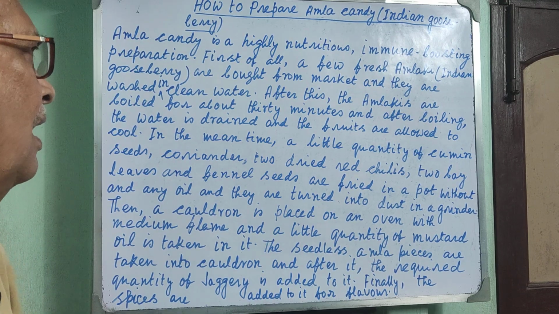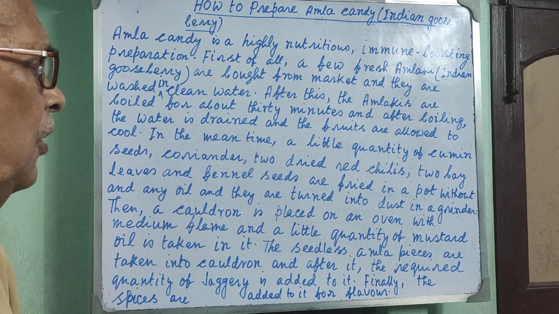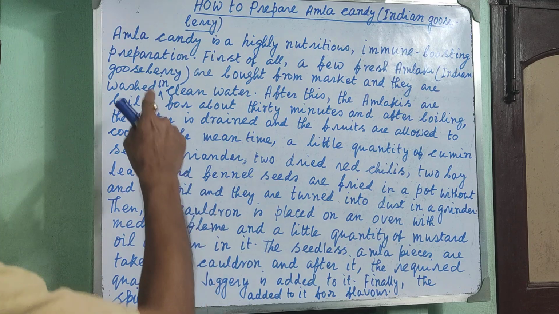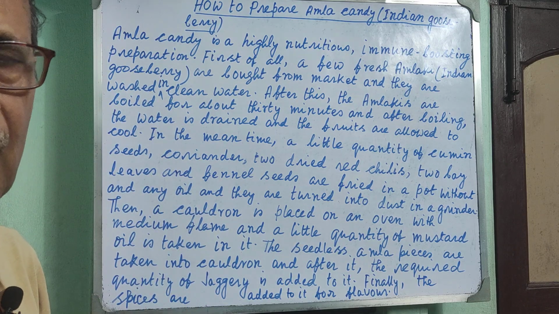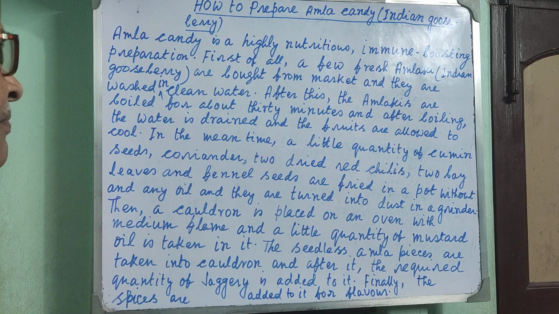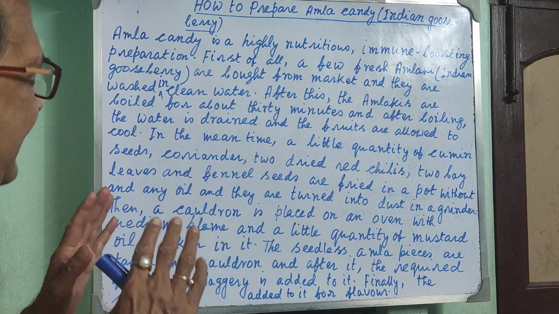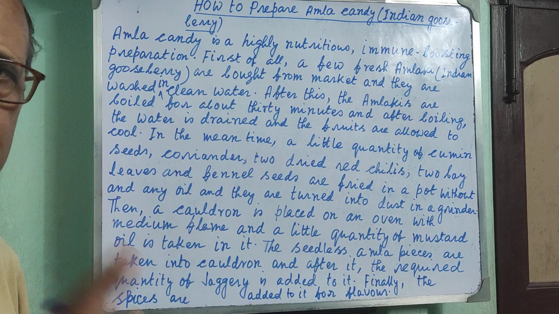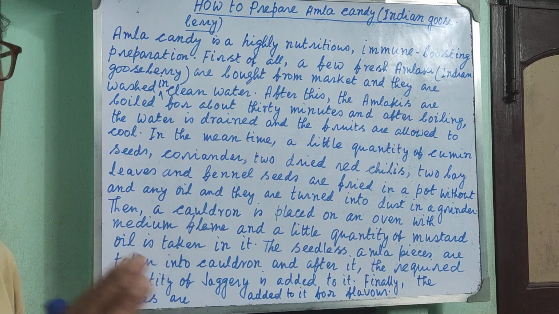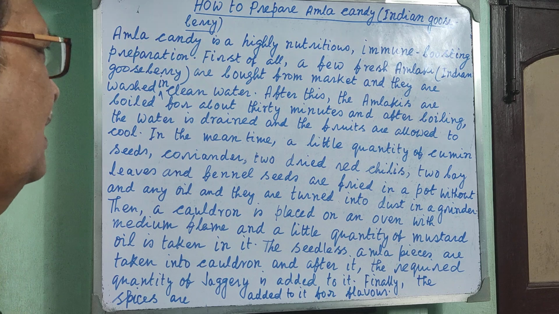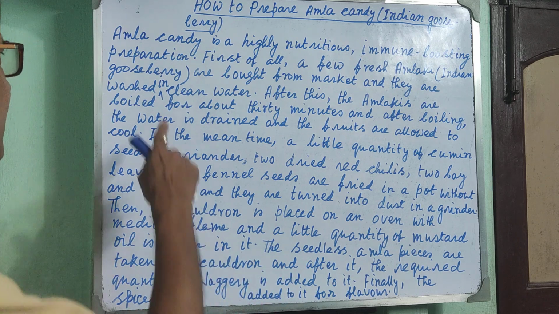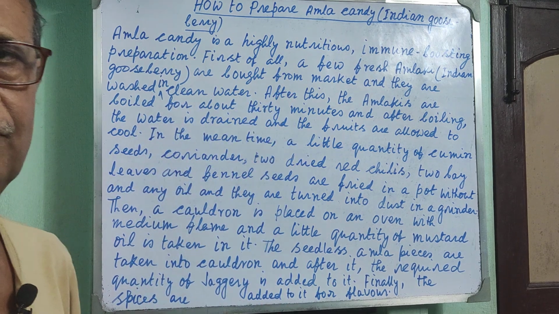First of all, a few fresh amlaki or Indian gooseberry are bought from market, and they are, you see that subject plus be verb, am is are plus past participle of the finite verb, and they are washed in clean water.